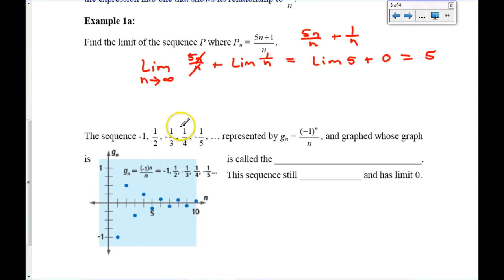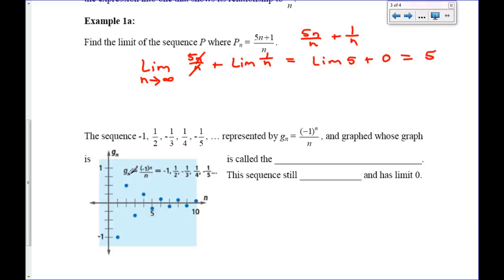All right, continuing on, we have the sequence of -1, 1/2, -1/3, 1/4, -1/5. And that is represented by this formula here. And it's graphed like this. Notice it looks kind of like a sideways tornado. Kind of does, like a funnel, okay?